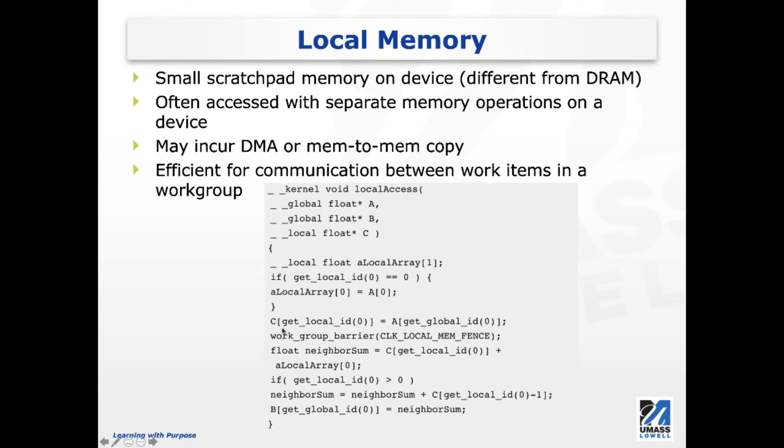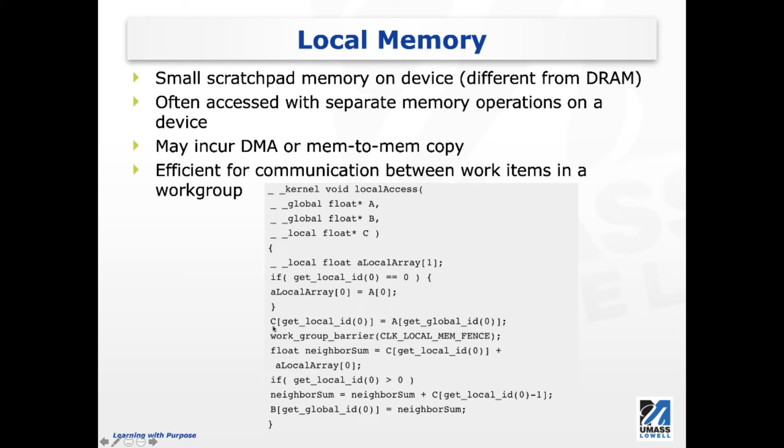And then we use the other local memory, C, to keep a copy. Then we retrieved another variable from this global memory, buffer A, using the global ID as the index, and we copy the value to this location in the local memory.